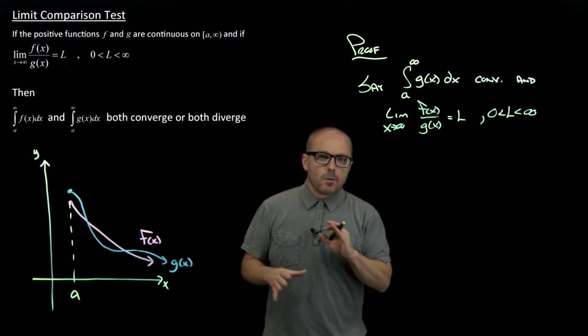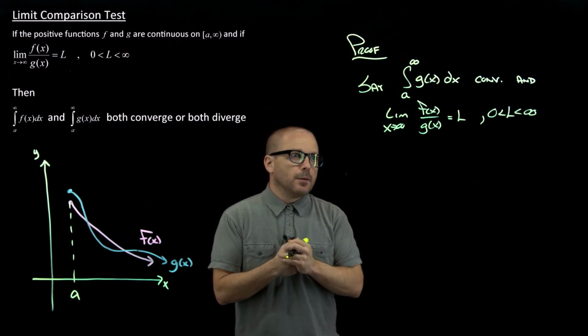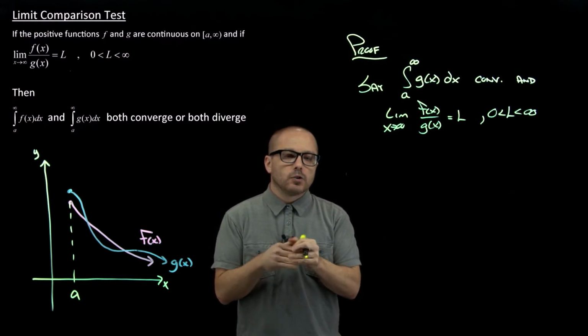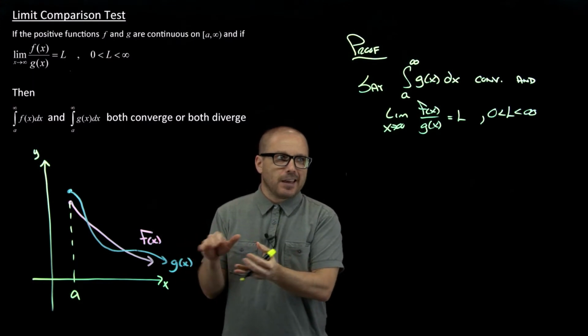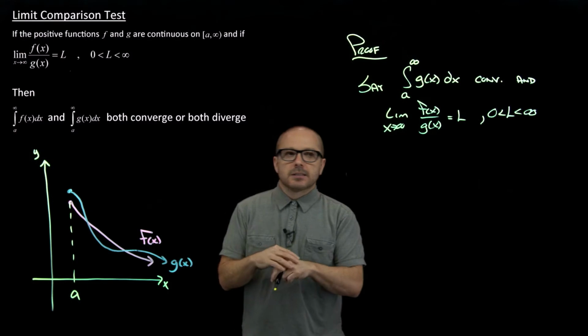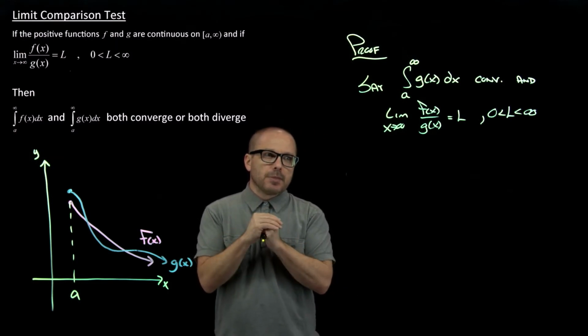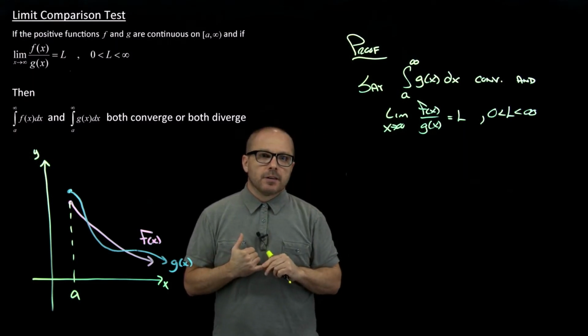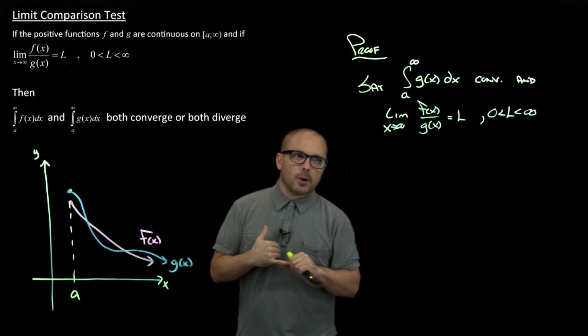The idea here is I want to try and rely on direct comparison, since we already have that and we've already proven it. So what I'd like to do is somehow argue that I can get something bigger than f that also converges.